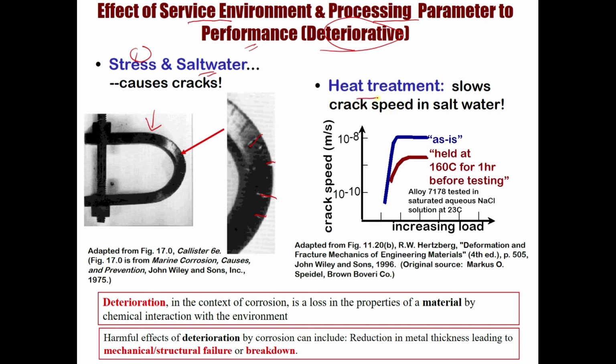See, heat treatment slows crack speed in salt water. So you see this one is the material without heat treatment. This one is material with heat treatment. You see the crack speed for this one is higher than this one, held at 160 degrees for an hour, which experienced heat treatment, while increasing the load during the testing.